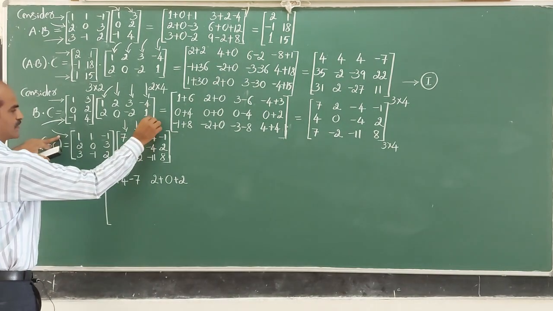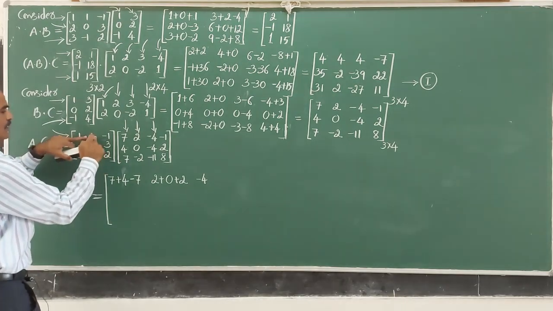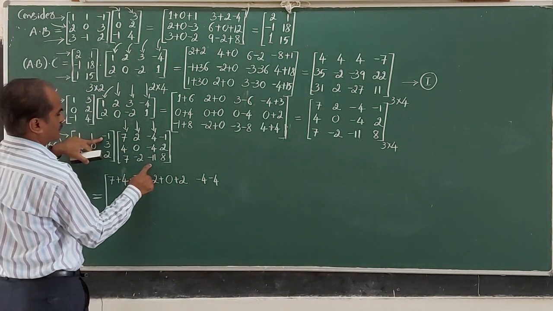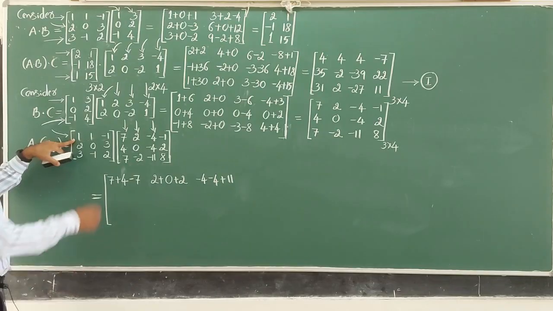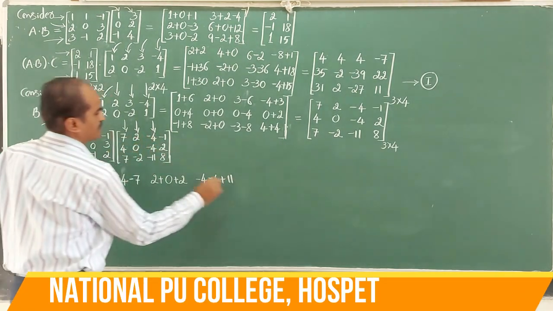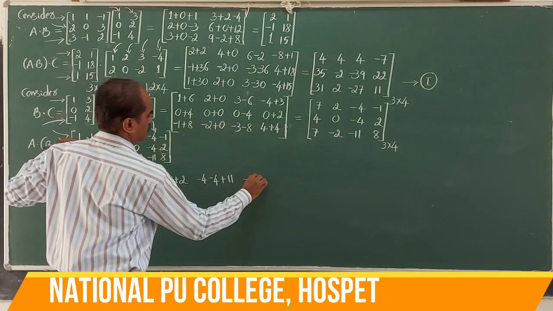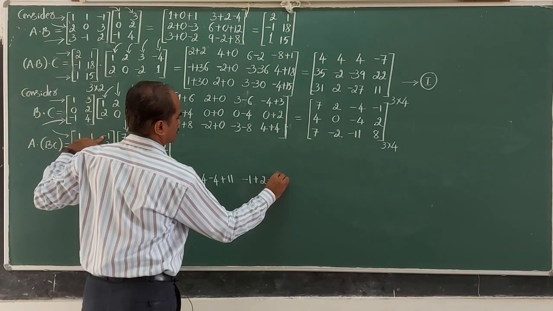First row, third column now: 1 into minus 4 plus 1 into minus 4 plus minus 1 into minus 11. Next, first row, fourth column: 1 into minus 1, minus 1, plus 1 into 2, 2, minus 1 into 8, minus 8.